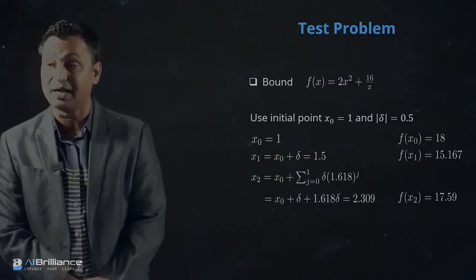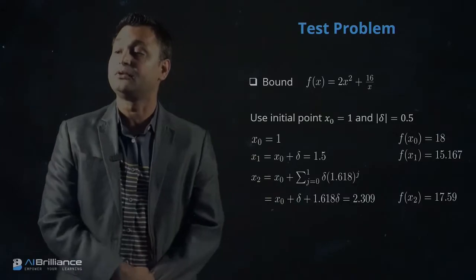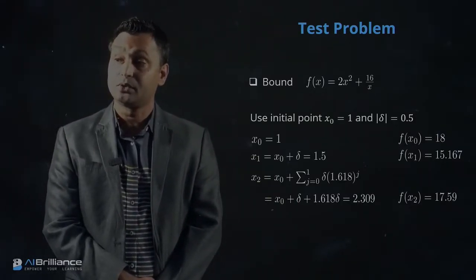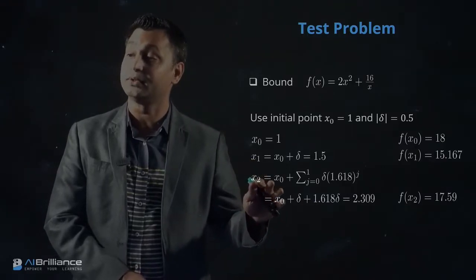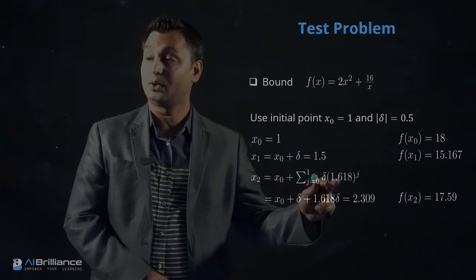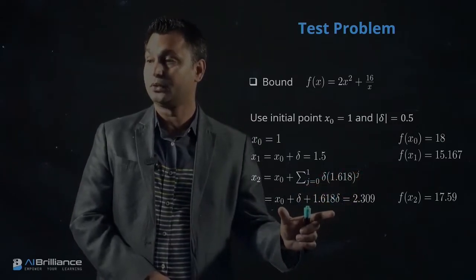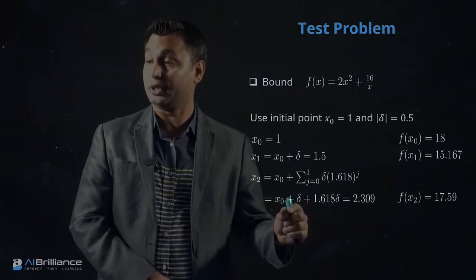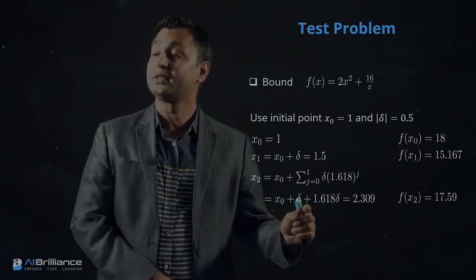Now the interesting part, and this is the part which differs from Swan's algorithm. We do not have x0 minus delta, we have x2, which is x0 plus the summation of j equal to 0 to 1 of delta times 1.6^j, which is equal to x0 plus 2 times delta, x0 plus 2.618 delta.